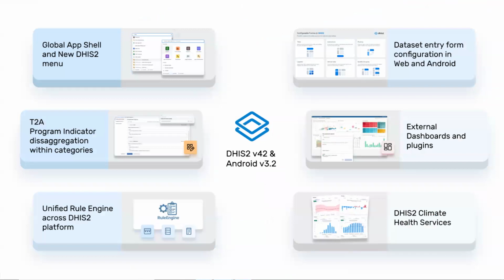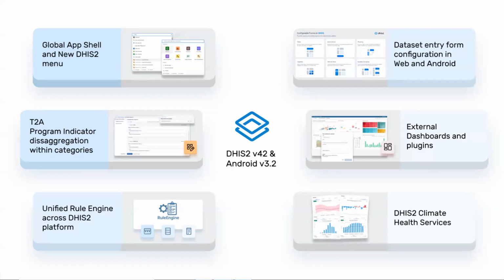These are just a few highlights that I want to share with you, just to keep your attention all through the session. You are going to see that we have a new DHIS2 app menu served by a new global app shell that is a shared container for all web applications. We are also going to hear about configuration of data set entry forms, both in web and Android.